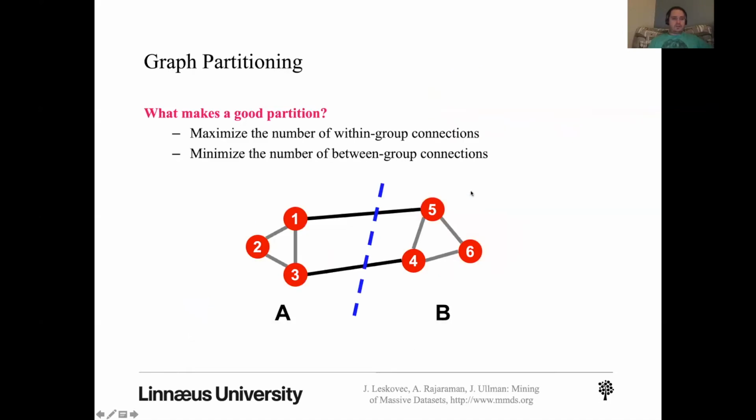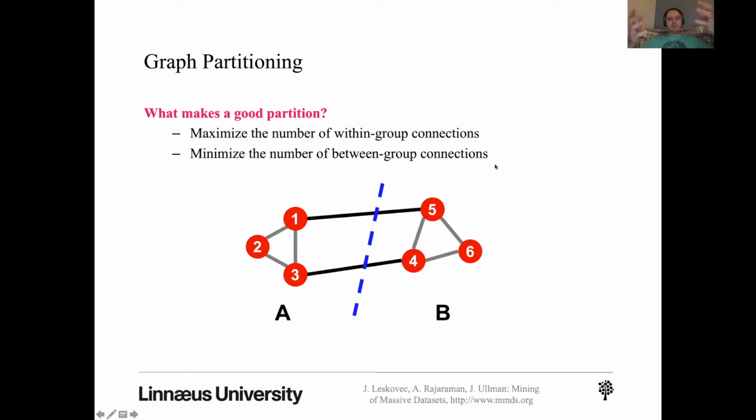Well, conceptually speaking, even if we don't consider the idea of modularity for now, one way to define what a good partition is, is that we want to maximize the number of within group connections and minimize the number of between group connections.